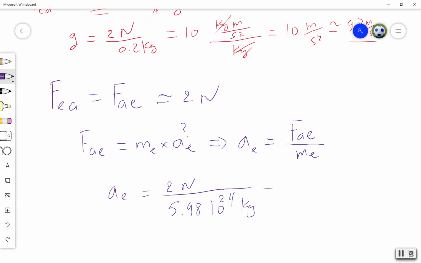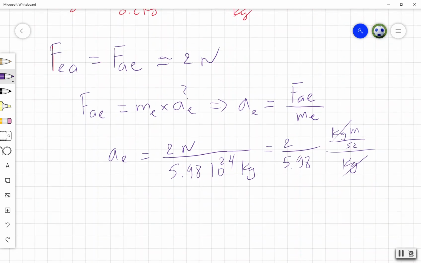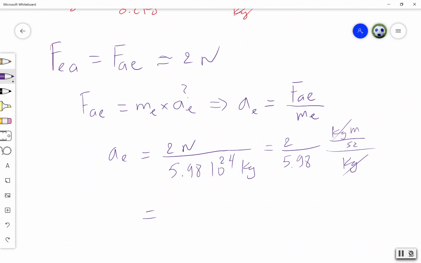If I convert Newton to kilogram meter per second squared, it is 2 over 5.98 kilogram meters per second squared over kilograms. So I can cancel kilograms and end up with the unit of acceleration. This basically gives me around 2 over 5.98 times 10 to the minus 24 meters per second squared.